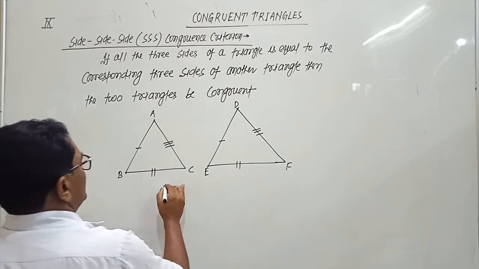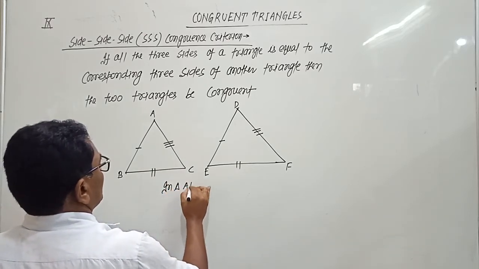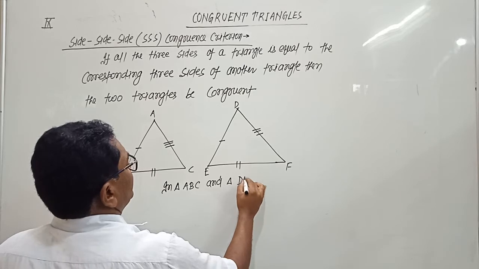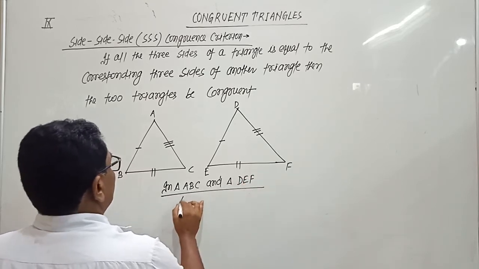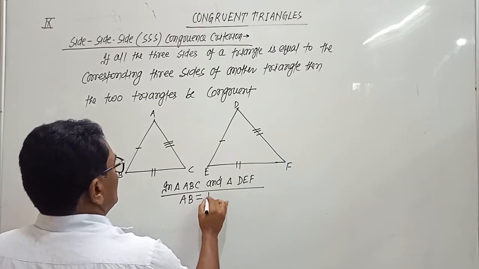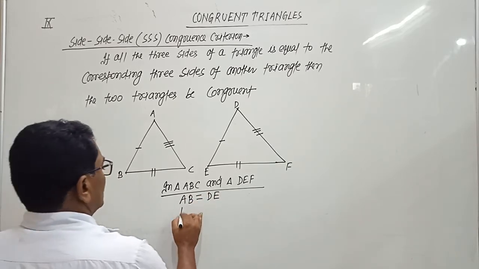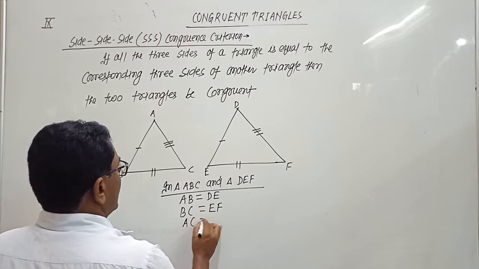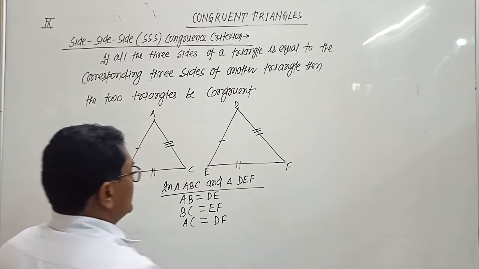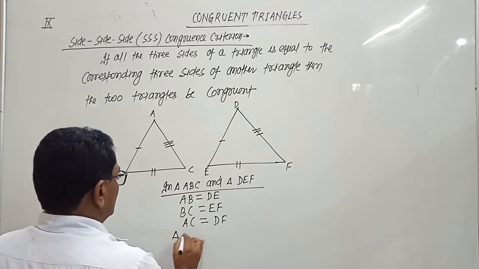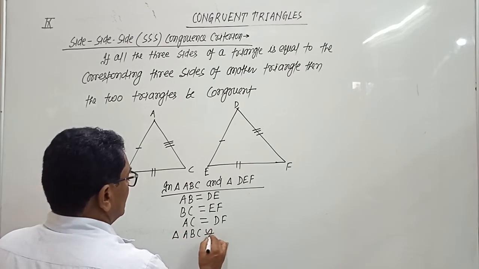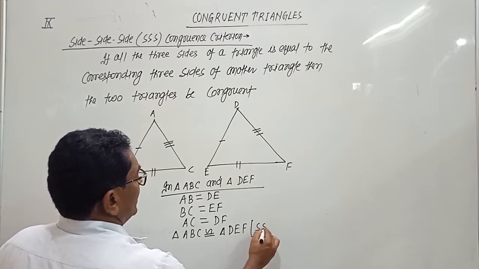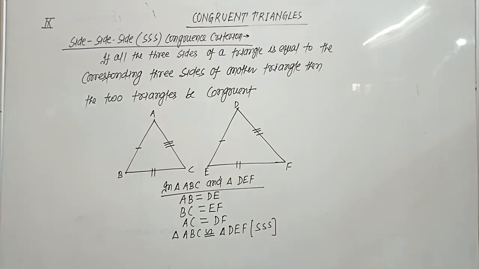So in triangle ABC and triangle DEF, if side AB equals side DE, side BC equals side EF, and side AC equals side DF, then triangle ABC is congruent to triangle DEF by the SSS congruency criterion.